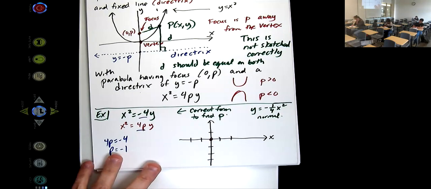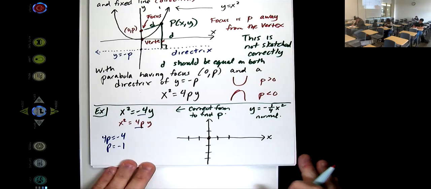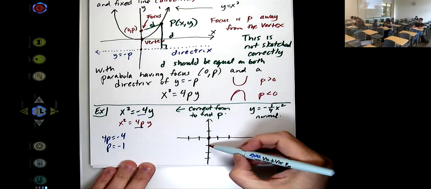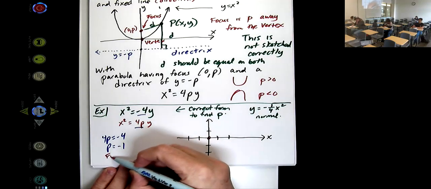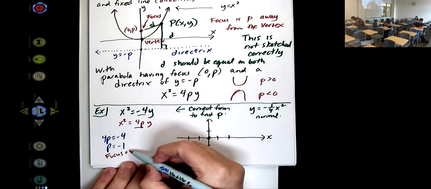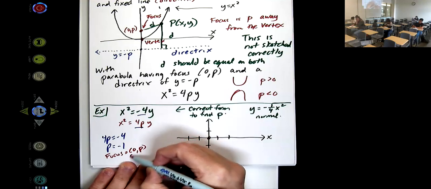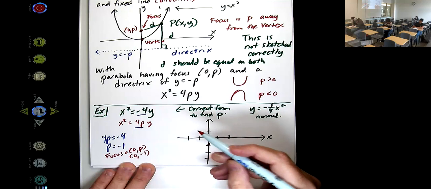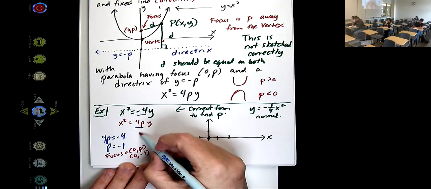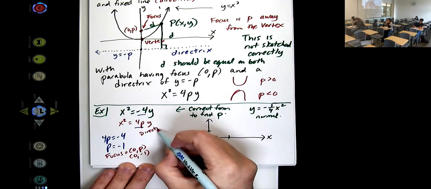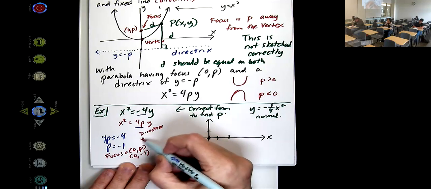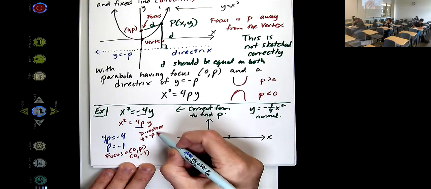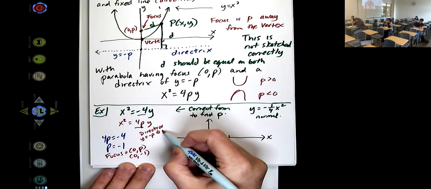We haven't done any shifts yet. The focus is going to be at (0, -1), and the directrix is y equals -p, which in this case is y equals +1.